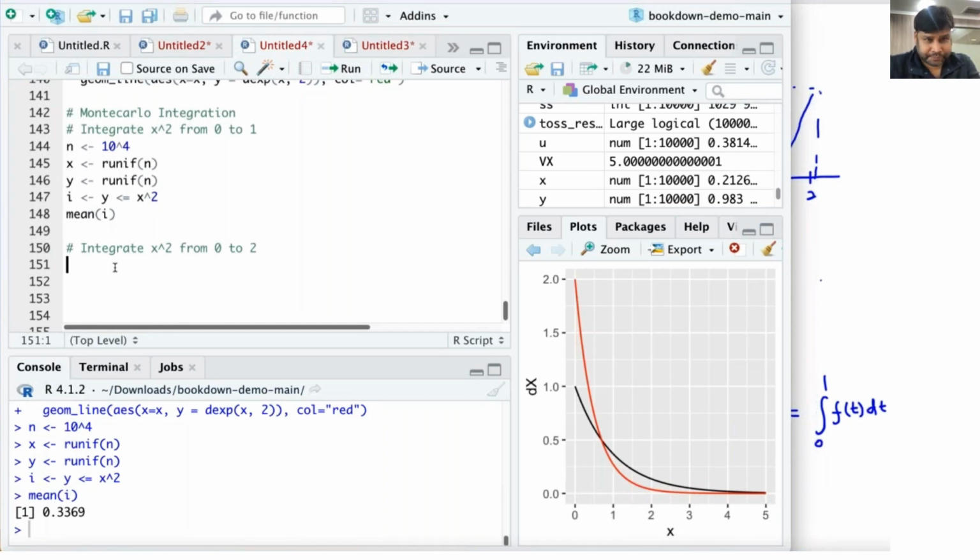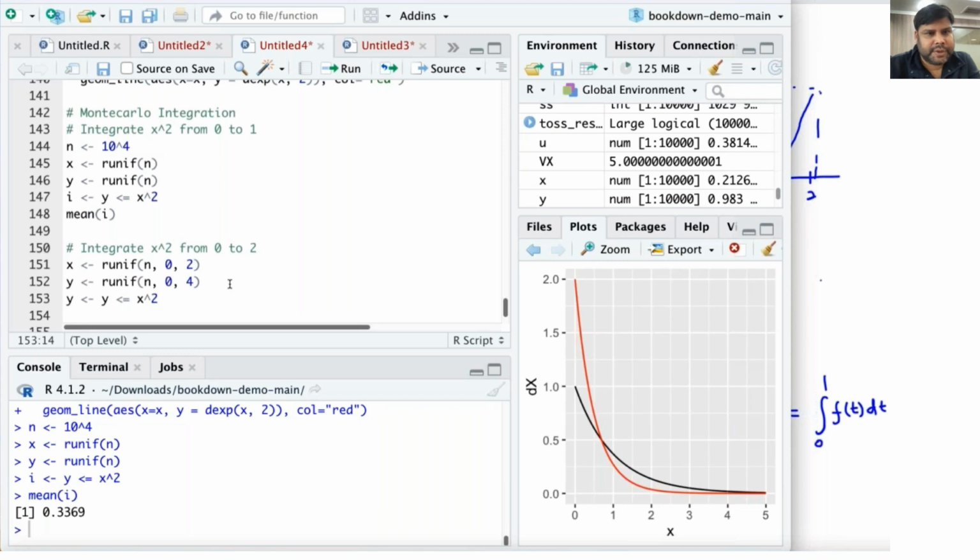So x will be runif n, minimum value is 0, maximum value is 2. Y will be runif n, minimum value is 0, maximum value is 4. Indicators will be the same, y less than or equal to x squared, because I want to integrate.